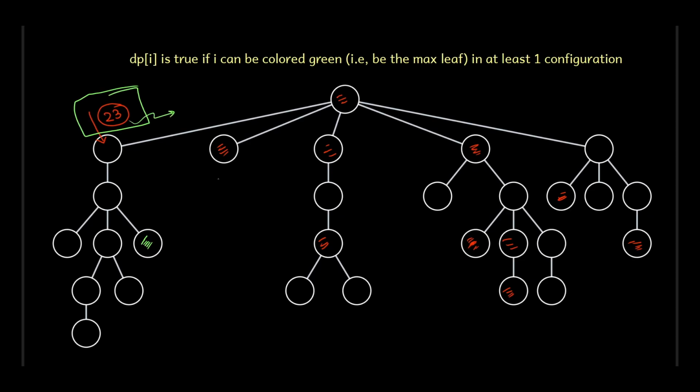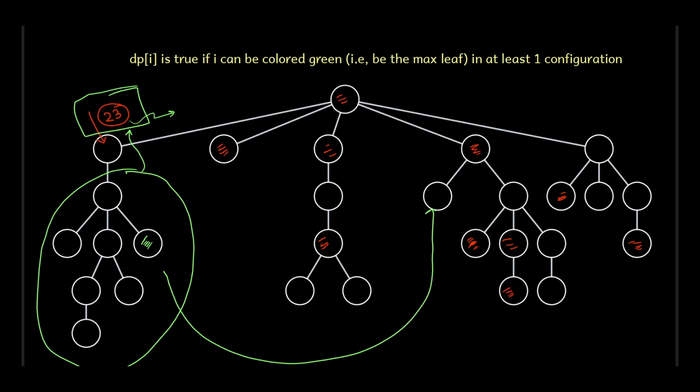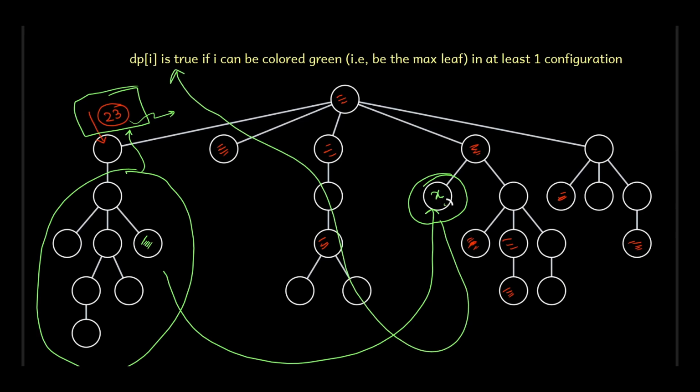Now, at least I hope that the transitions are clear. Because we know that if you want this 23 to become the maxima, then whatever is the maxima here needs to be deleted, and it needs to be deleted by a pivot outside, so you need a world where this pivot is the maximal green element. This means that this is nothing but the DP value of that pivot, and if that pivot exists, find all such pivots.